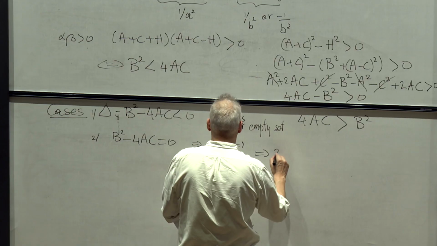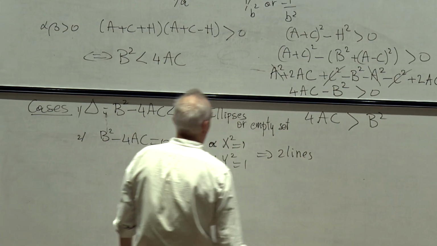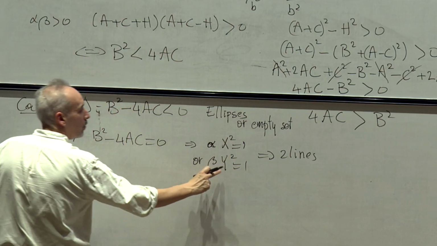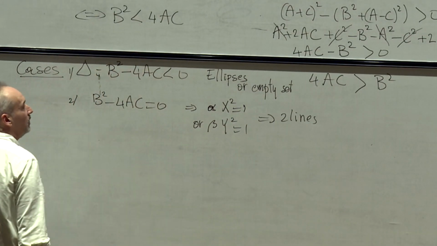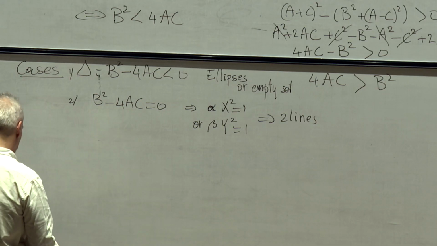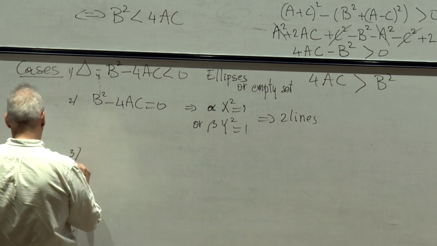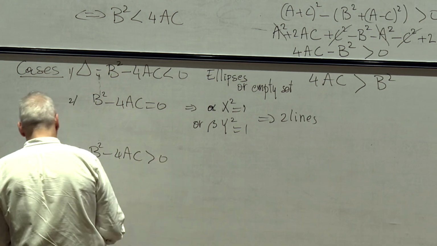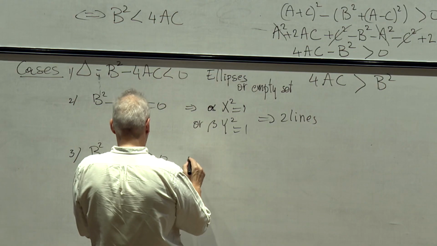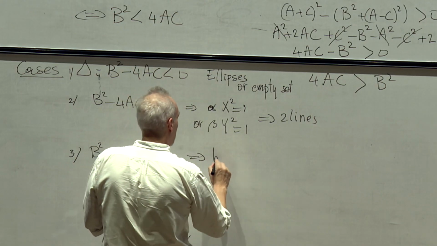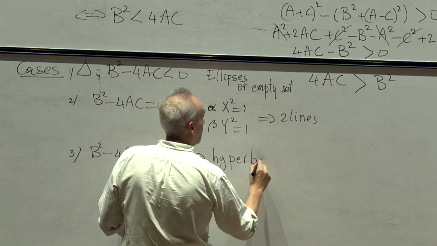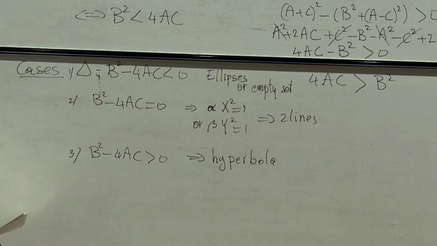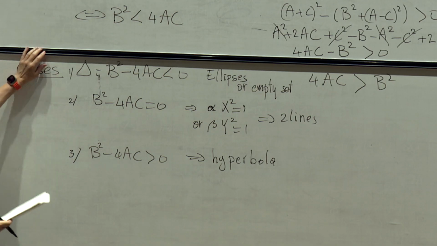And so that gives me two lines, which is x equals plus or minus 1 over alpha, or y equals plus or minus 1 over beta. Now, if b squared minus 4ac is positive, then I have a hyperbola. Oh, ellipsis. Okay. Very good.